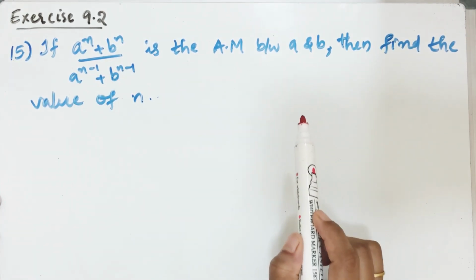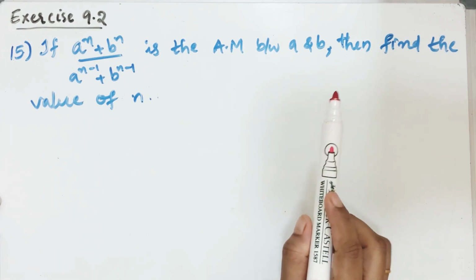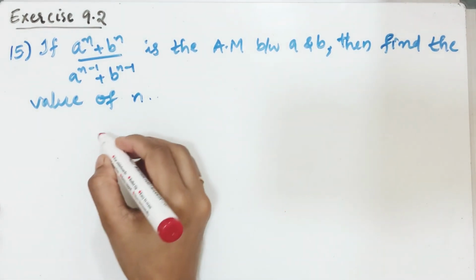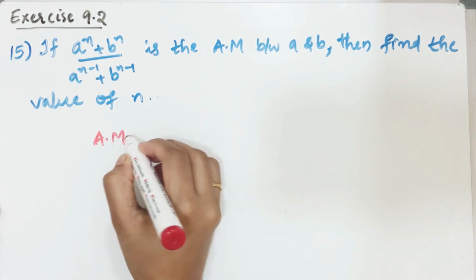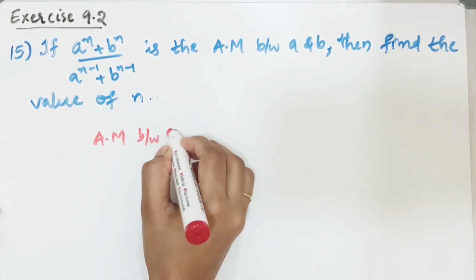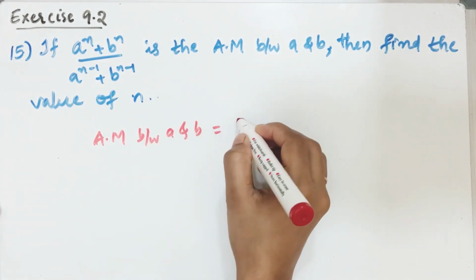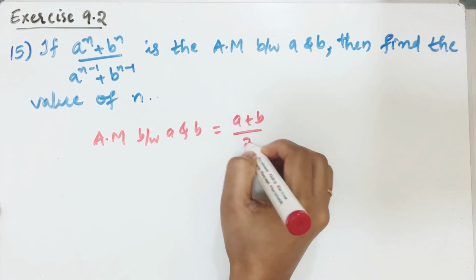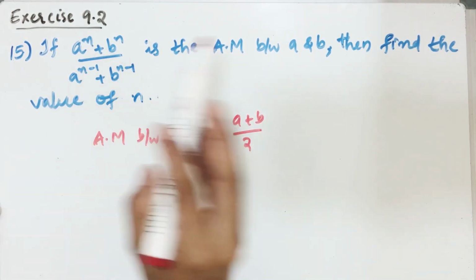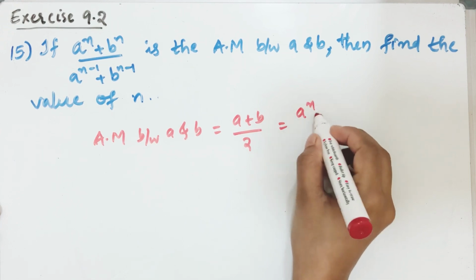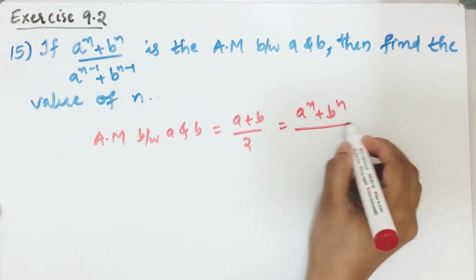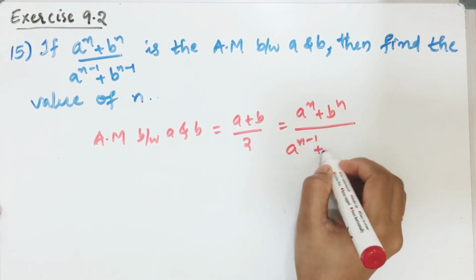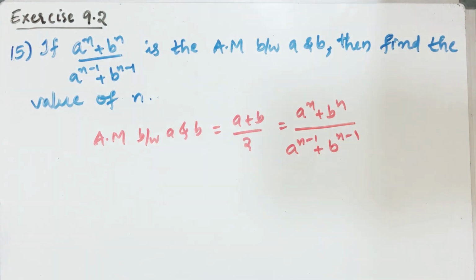But we know the arithmetic mean between a and b is a plus b by 2. We have arithmetic mean between a and b is equal to a plus b by 2. Given this is equal to a raised to n plus b raised to n by a raised to n minus 1 plus b raised to n minus 1.